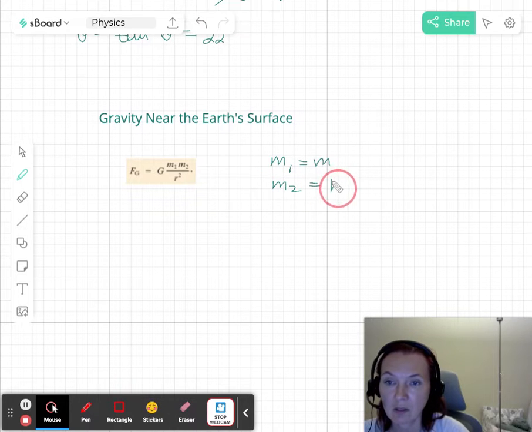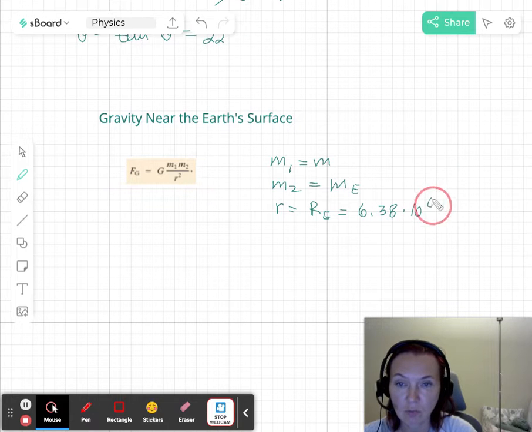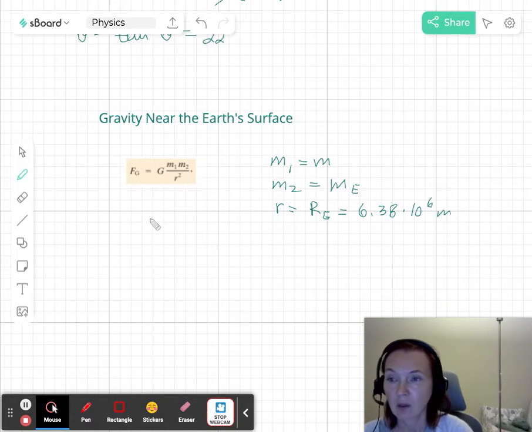The second one is the mass of the Earth, and the distance between the objects becomes the radius of the Earth, which is known, and it is 6.38 times 10 to the power 6 meters.